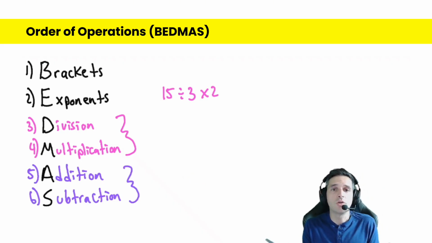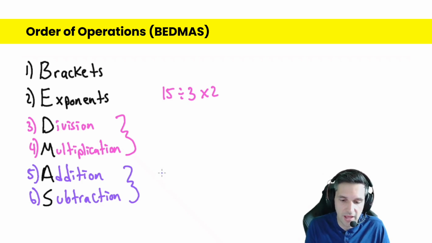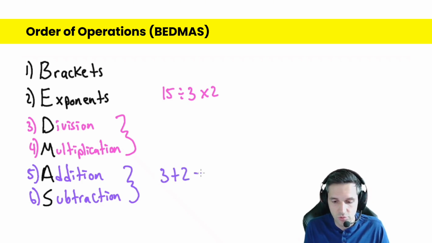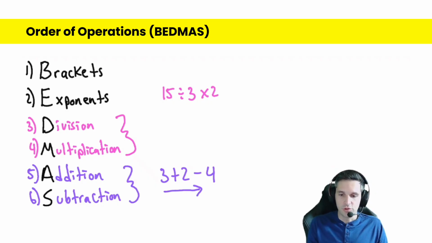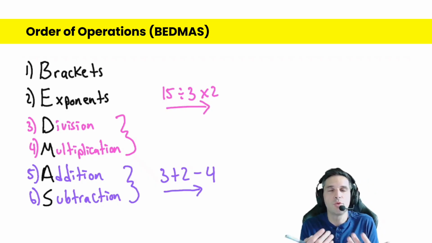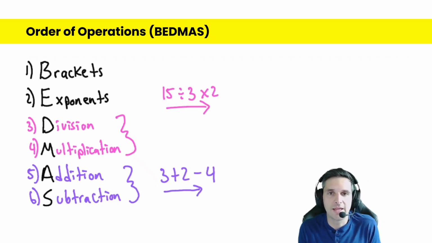These ones are also equal in priority. So if I have 3 plus 2 minus 4, you would just do your operations from left to right. The only ones that have higher priority are your brackets and the exponents. Definitely brackets first, exponents second, then division, multiplication, then addition, subtraction.